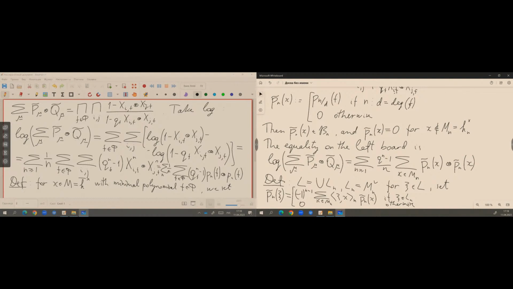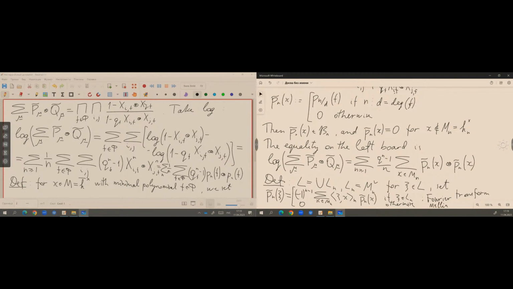So it's just a sort of Fourier transform over this group, but since it's a multiplicative group, it's sometimes called Mellin transform.